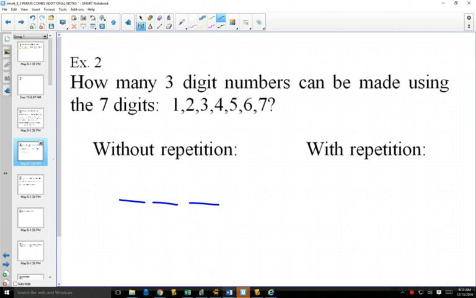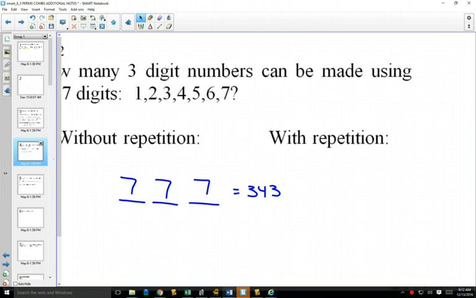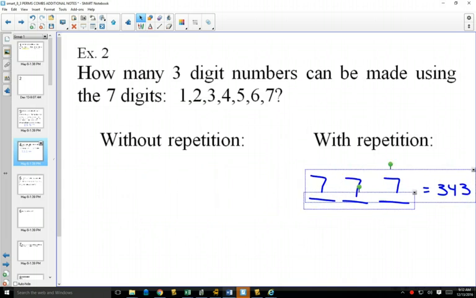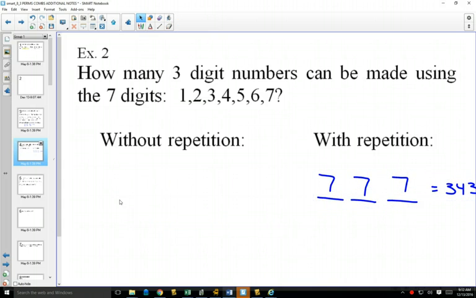And if you were allowed to use the 7 digits 1 through 7 and repeat them, well then this could be 7 choices here, 7 choices here, 7 choices here, for 343 total choices. Oh no, that's without repetition. Whoa, here we go. I read them wrong. Let's just move this over there. Perfect.